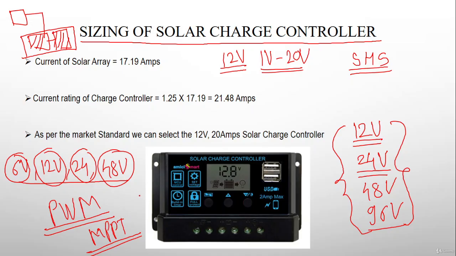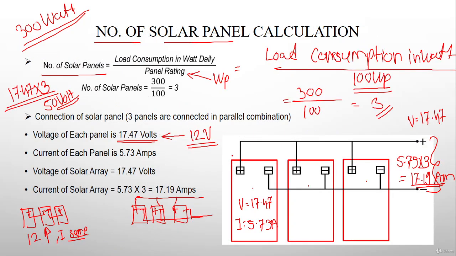That is why, whenever we connect the solar panels, we try to make the voltage closer to the rated capacity of the solar charge controller we are selecting. So that is why we have connected the panels in parallel combination.